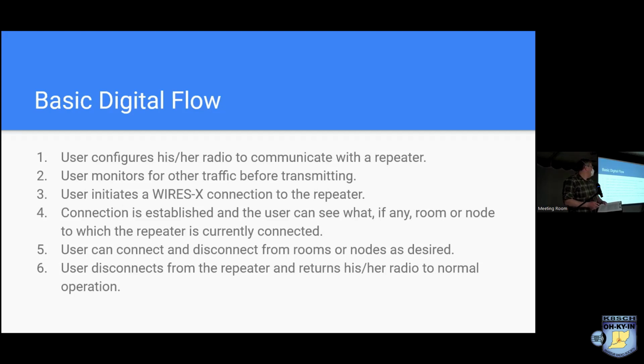Then you're going to initiate a Wires X connection to the repeater. Usually you hold in a red button or something like that on your radio to kick that off. Your radio is going to handshake with the repeater, gateway, node, whatever you're connecting to. And once it does that, it's going to come back and show you what room that node is connected to, or it might show you that it's not connected to any node.